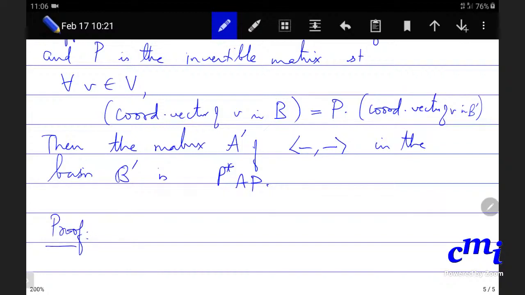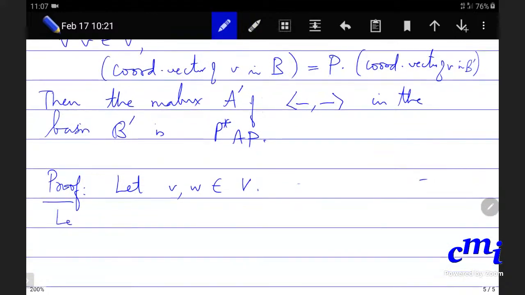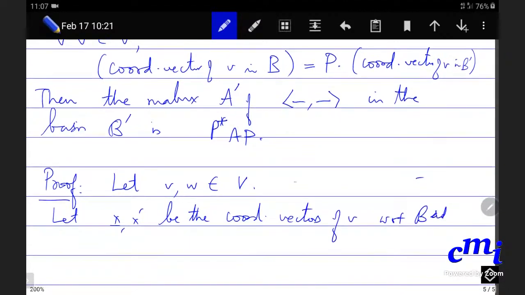So the point is that we would evaluate (v, w) in two different ways. Let v, w be inside V. Let x and x prime be the coordinate vectors of v with respect to B and B prime respectively.